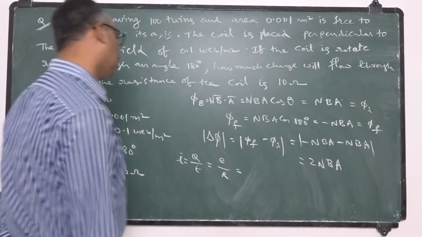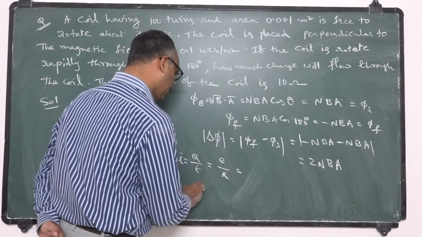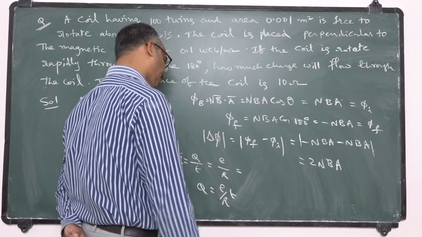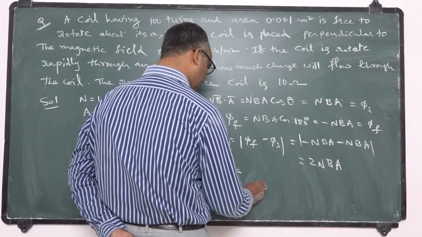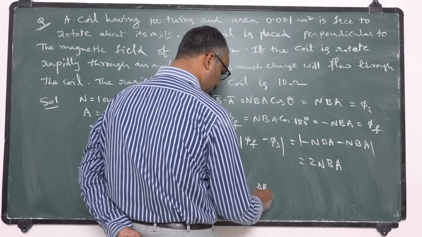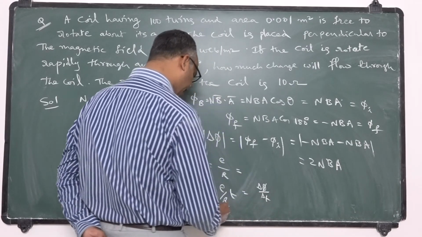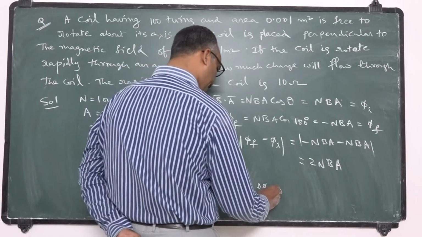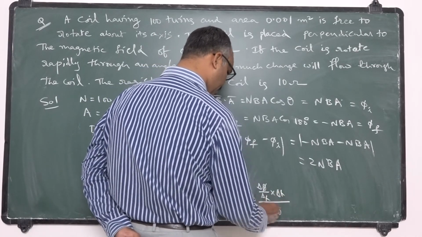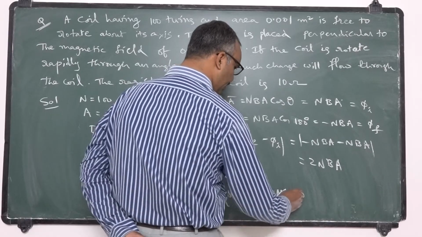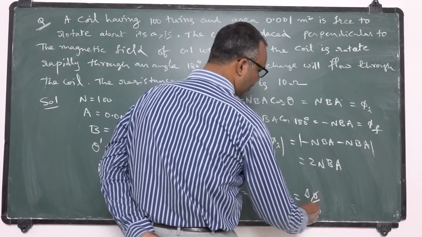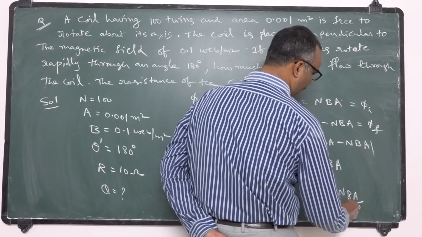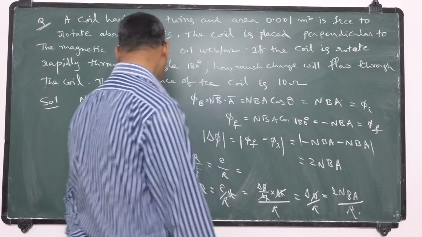Charge is nothing but E by R into T. Induced EMF is nothing but change in flux by time interval. Let me take the time as delta T, by R. Delta T gets cancelled. So delta phi by R is the answer. That is 2NBA by R will be the answer for the question.